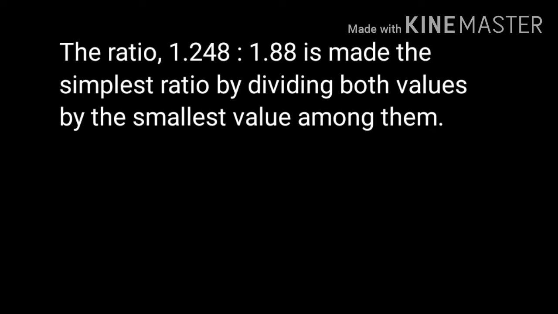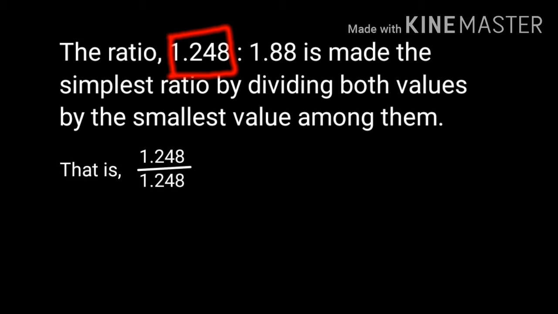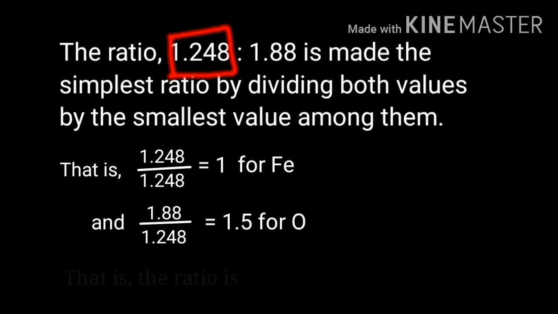For finding simplest molar ratio, these two values are divided by the smallest value, that is 1.248. That is 1.248 divided by 1.248 is equal to 1 for iron, and 1.88 divided by 1.248 equal to 1.5 for oxygen.